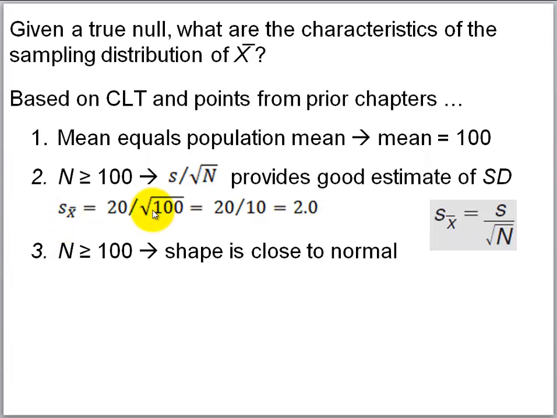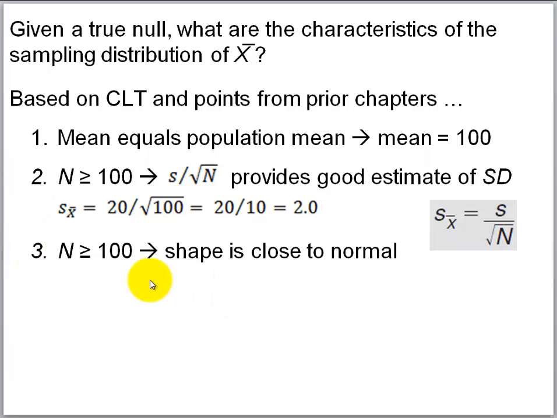And this estimate is a very good estimate, providing that sample size is 100. So in your random sample, the standard deviation of parenting skills scores was 20, so we're going to divide by the square root of the sample size, and 2 is a very good estimate of the standard deviation of our sampling distribution. And finally, our sampling distribution will have a shape close to normal.